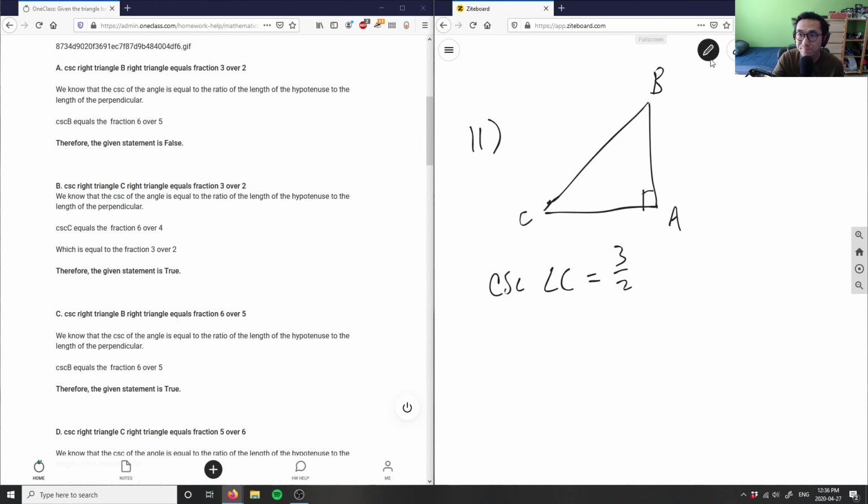So cosecant angle C equals 3 over 2 is the exact same thing as saying 1 over sine, right? Cosecant is a reciprocal trigonometric ratio.